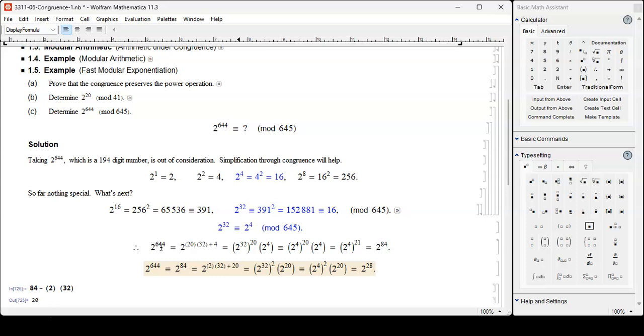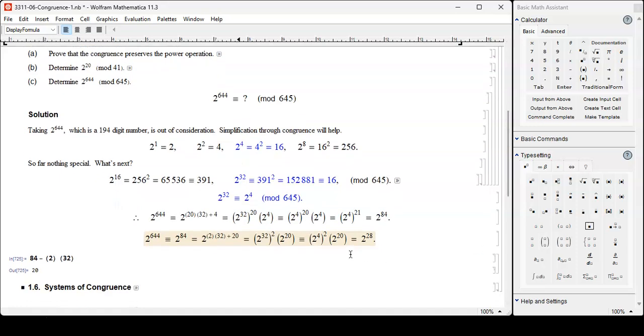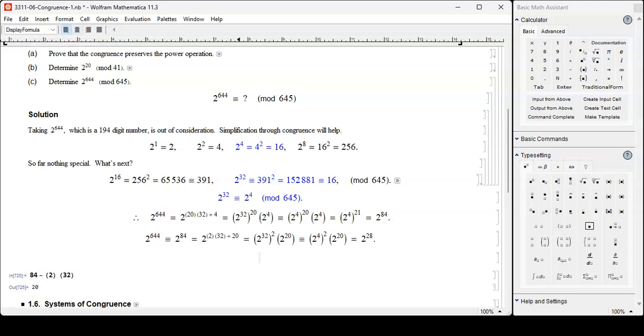Okay, 644 power is down to 28th power. 28th power is not impossible, we can do it, but is there a cleverer way to reduce it further? Okay, that's down to 2 to the 28th power.